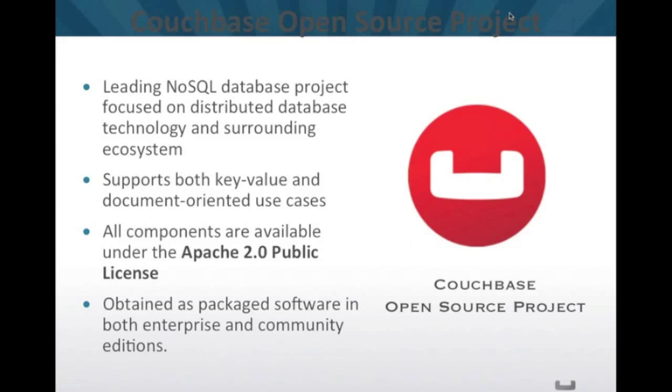We are both a key value and a document-oriented database, and it's important to note that we provide the advantage of the key value, but also you have the facility of document-oriented databases. We are under the Apache 2.0 public license, and I just wanted to make sure that everybody is on the same page as to what the Couchbase project is.